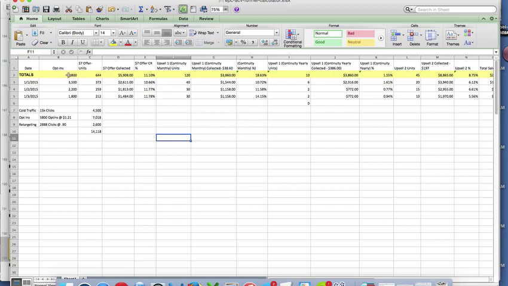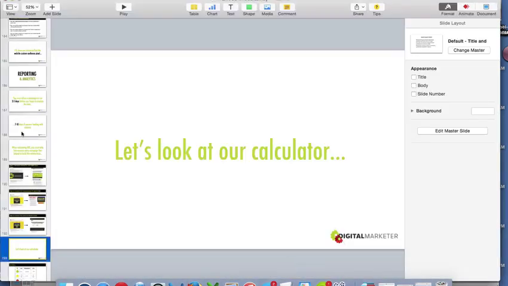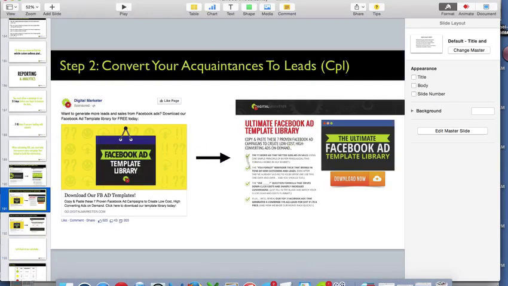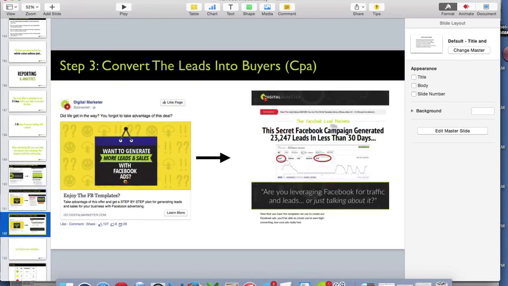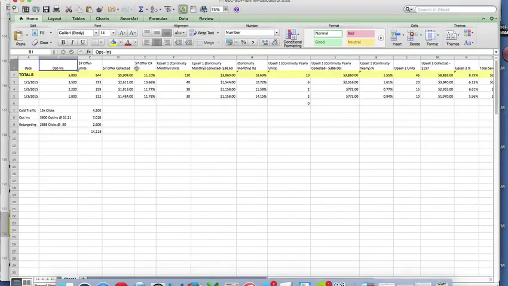You'll see that we're reporting on opt-ins, and our marketing funnel goes from an opt-in, something like this page right here, and then we send them to a sales page for a $7 offer.